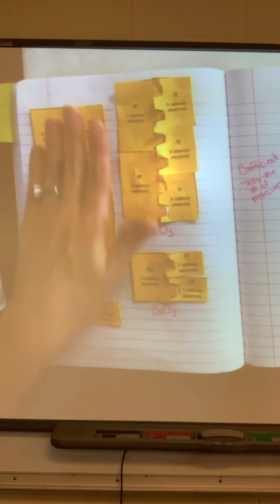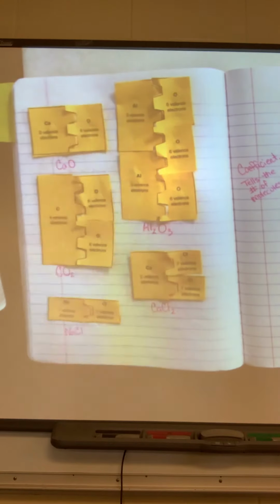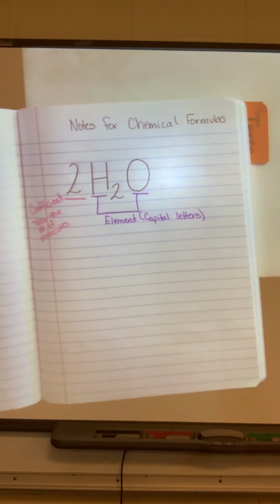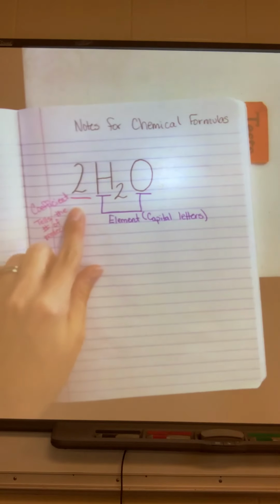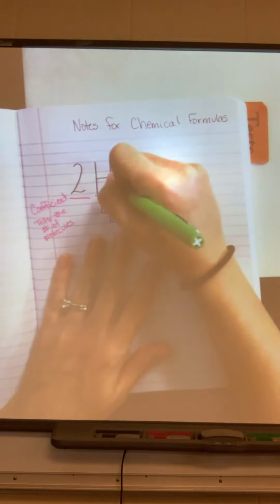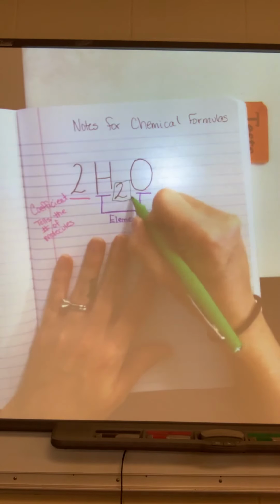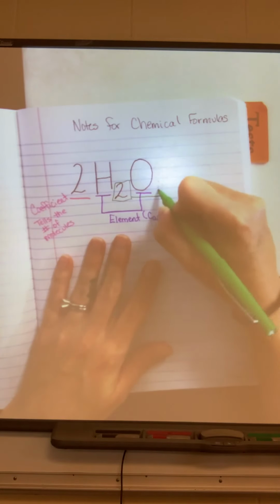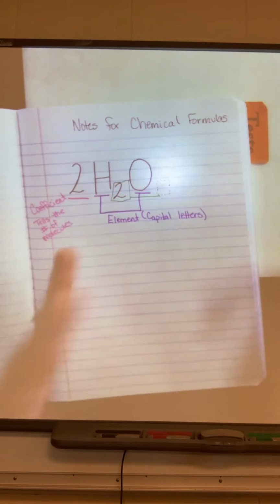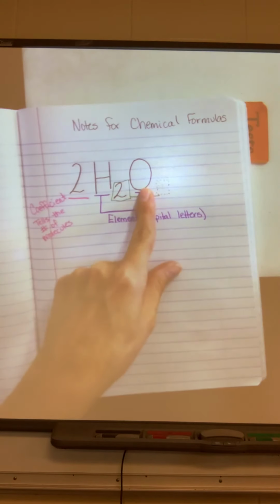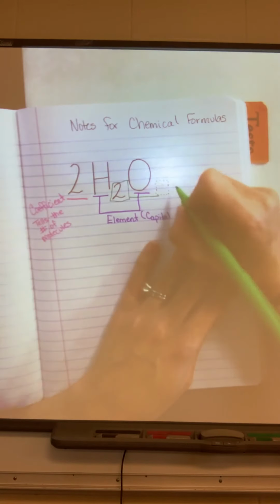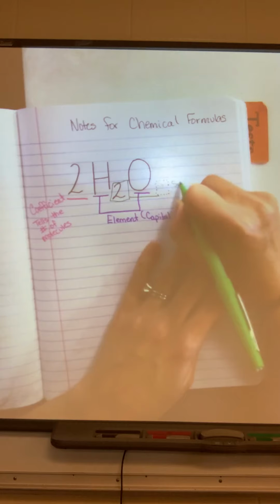So look in here, I have no coefficient on any of these, so then I only have 1 molecule of them. All right? Here I have a 2, so I know I have 2. And then these little guys down here, this one, and then the lack of one, because I don't have to have it, because I know I have oxygen just by listing it. I have one of it. These are called a subscript.